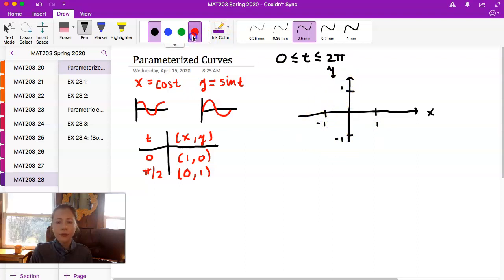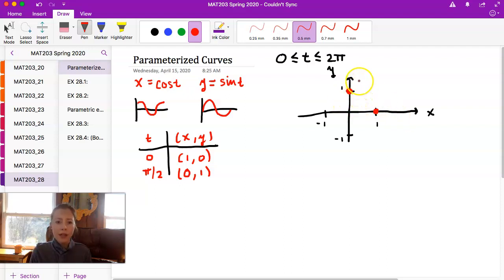At time of 0, we are starting at 1, 0, because we plug in 0 for t in both cases to get our coordinate. Then at time of pi over 2, we end up with 0, 1.